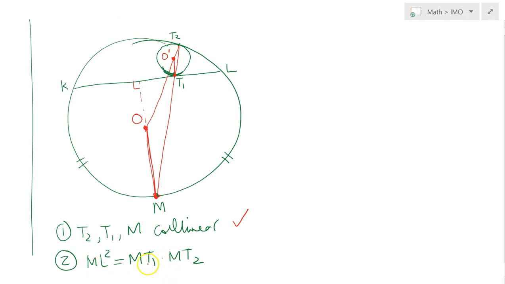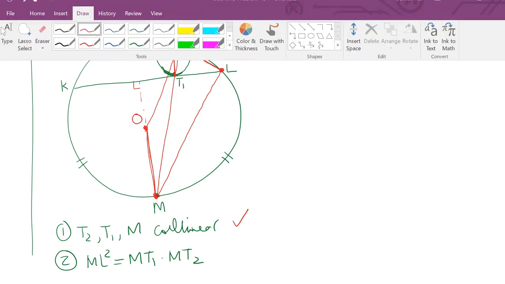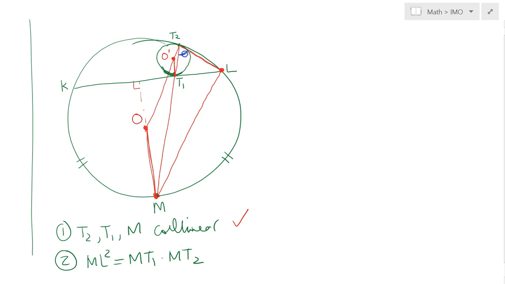Now for the second part, I will connect some more points here, namely ML, and I also need T2L as well. And let's do some angle chasing. So first of all, I claim that this angle here, angle MT2L, is equal to angle KLM.